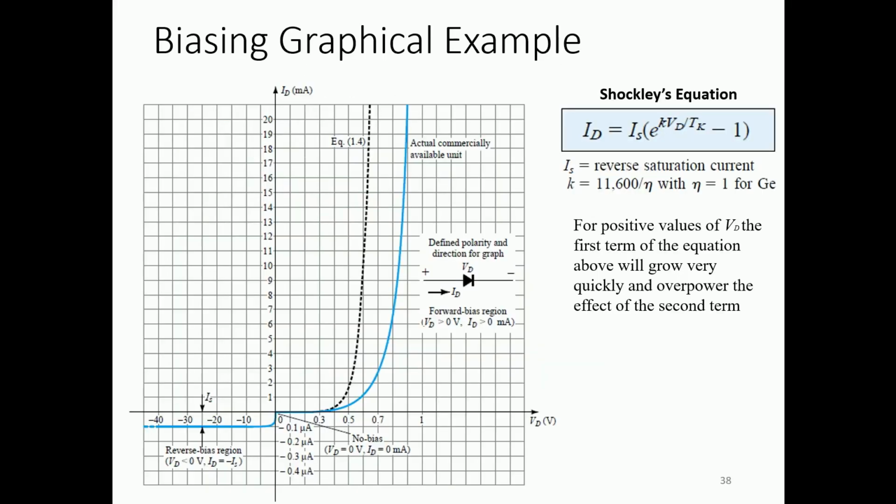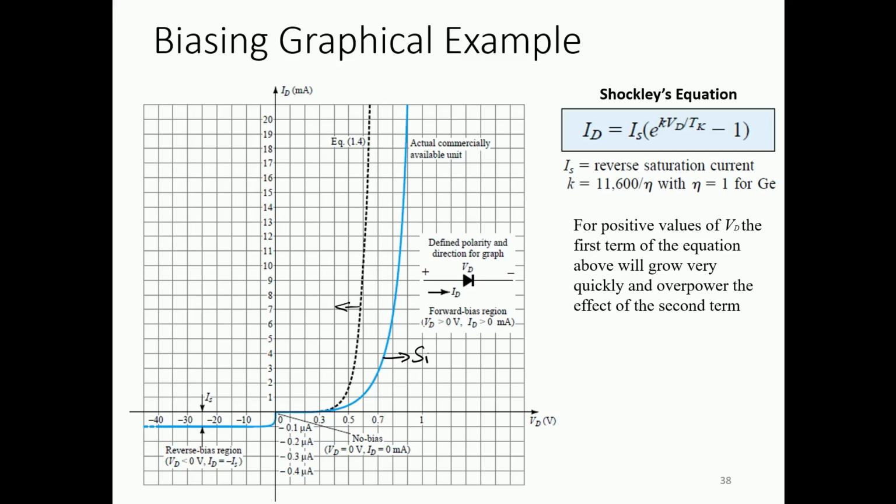We can further look at what happens with silicon and germanium diodes. Graphically, the blue graph over here shows the behavior of a diode made from silicon, and the other shows a diode made from germanium.